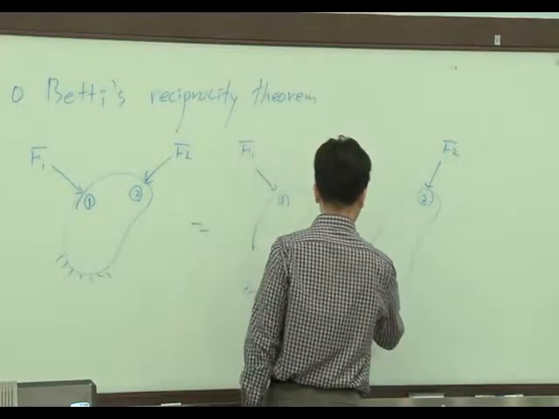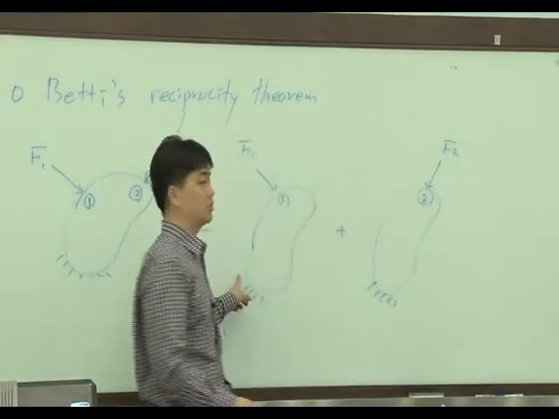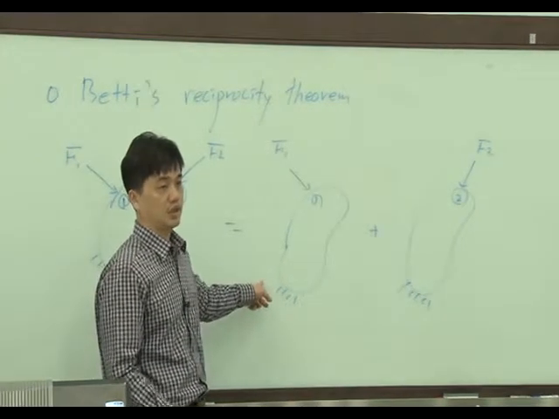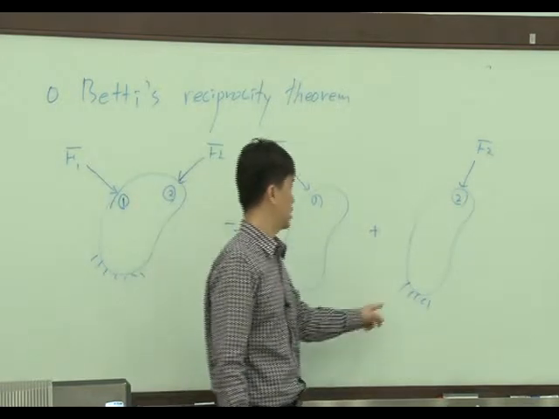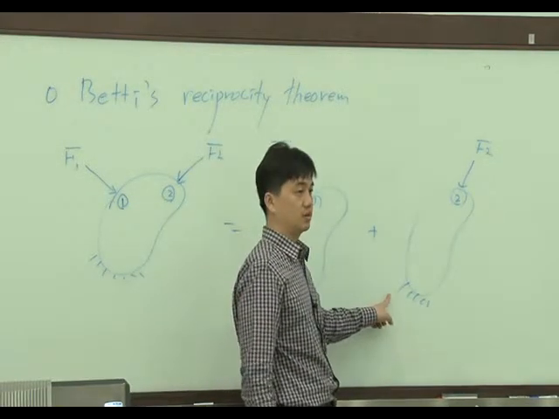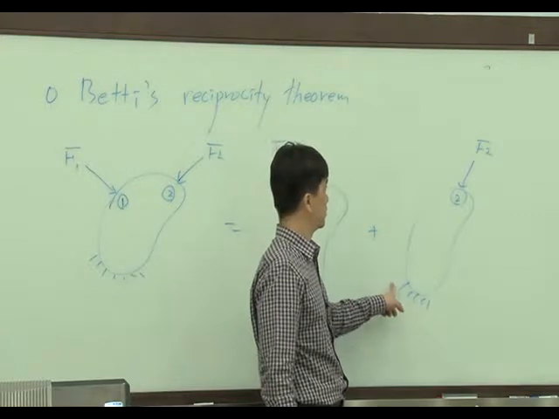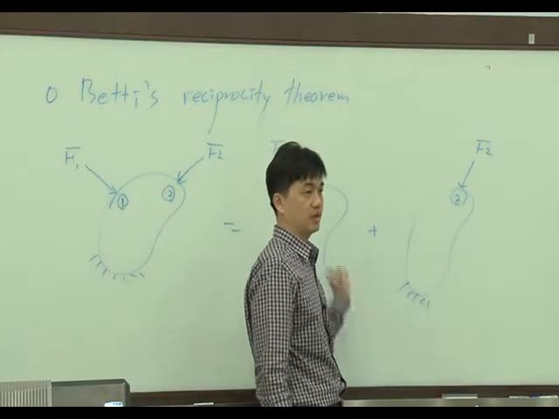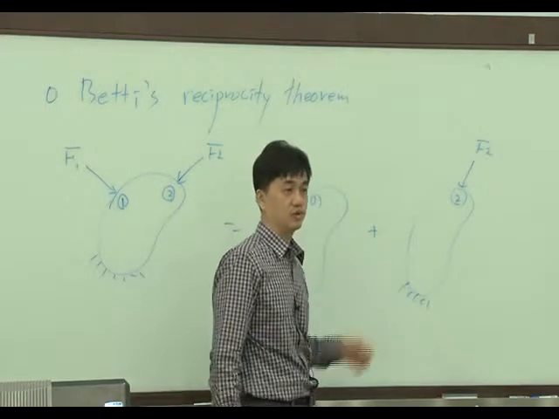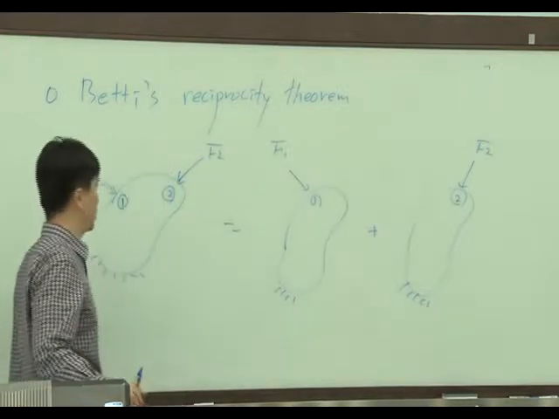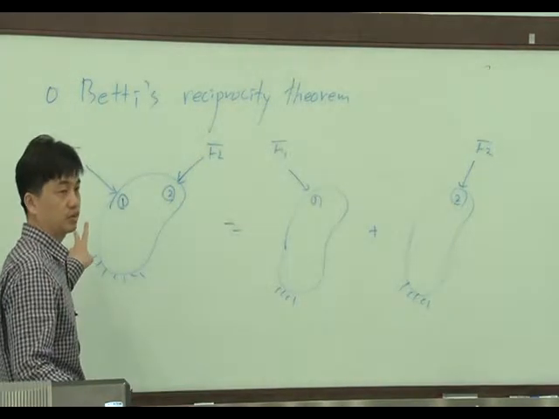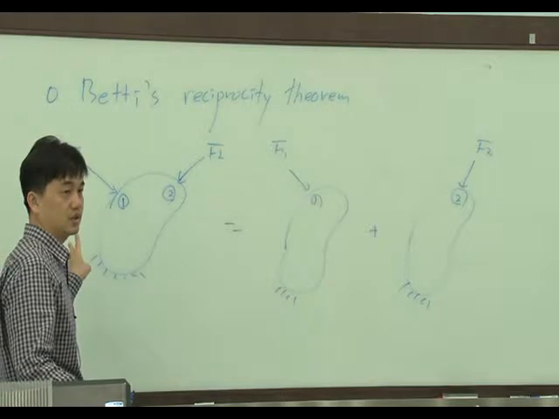If I first calculate the solution for single load case F1 and then calculate the solution for single load case of F2, if I superimpose the solution, we can calculate the solution for two load case, right? What's this?